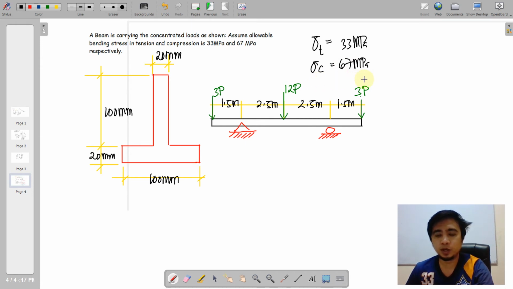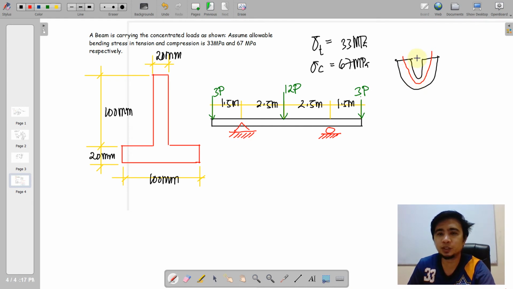So if we have a positive moment, let us note that the boundaries are within this line, and that red line there is actually the neutral axis. So beyond that neutral axis, it could be either tensile or compressive.